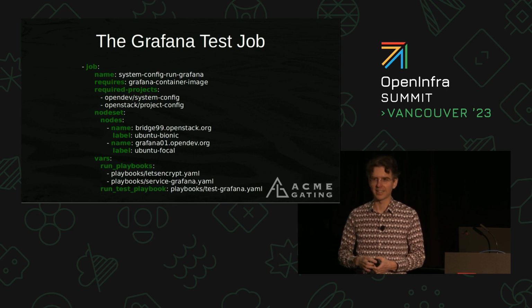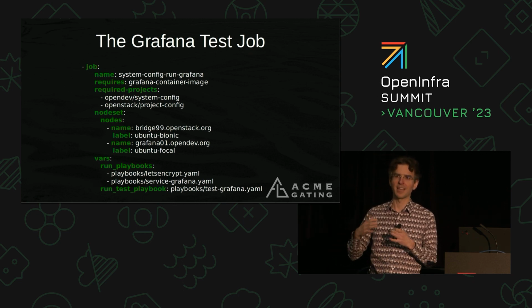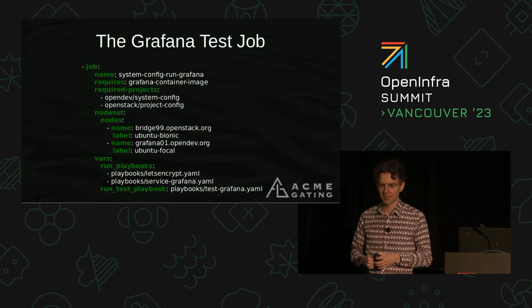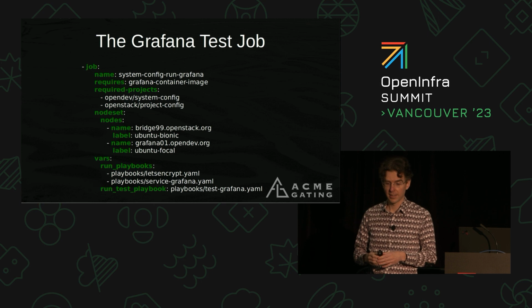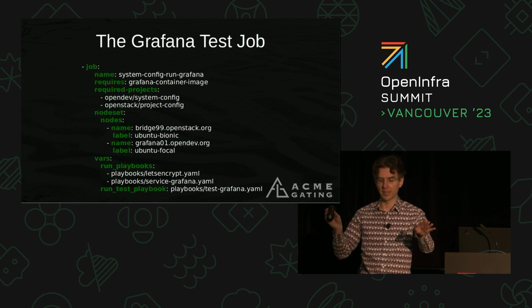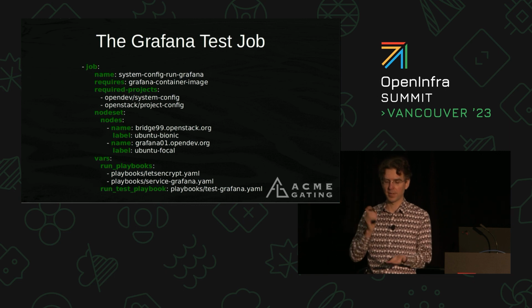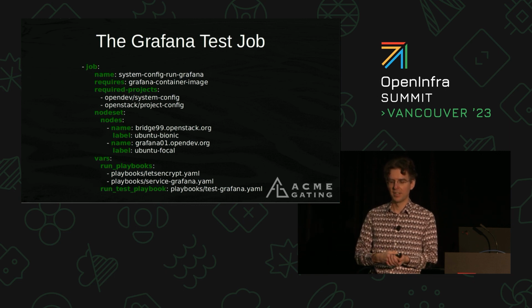Bridge 99 is basically as close to our production bastion host as we can possibly get. Also, it gives us a warm fuzzy that we're never going to accidentally shell into the real one. Anyway, so create the new bastion host, create the new Grafana server.